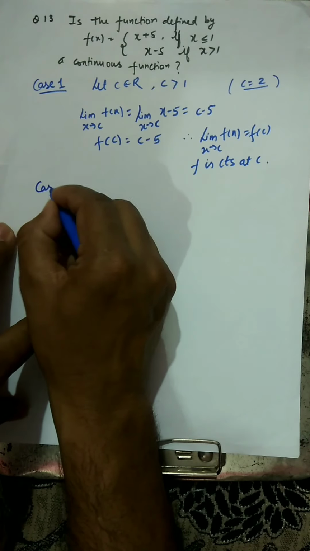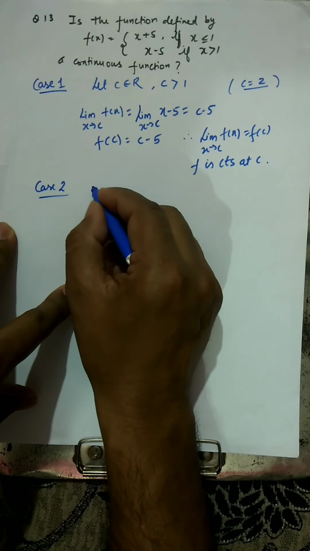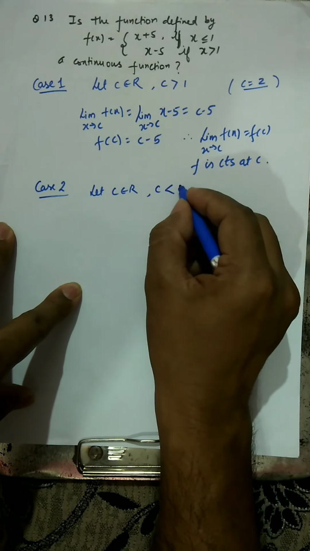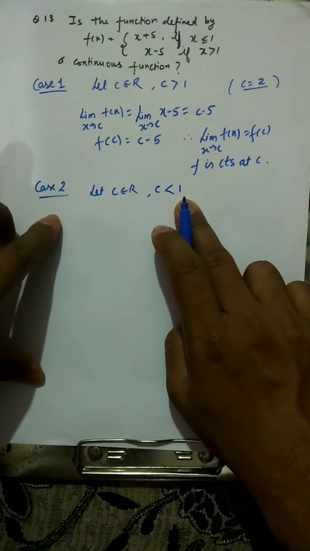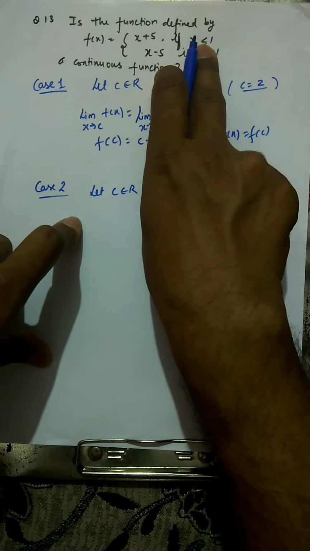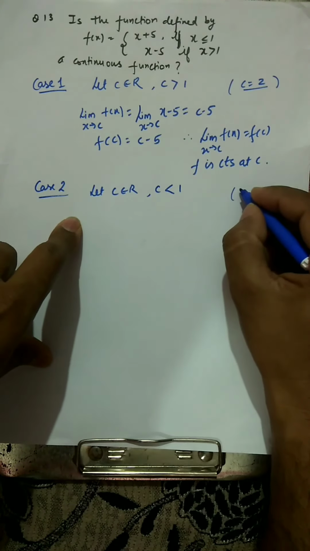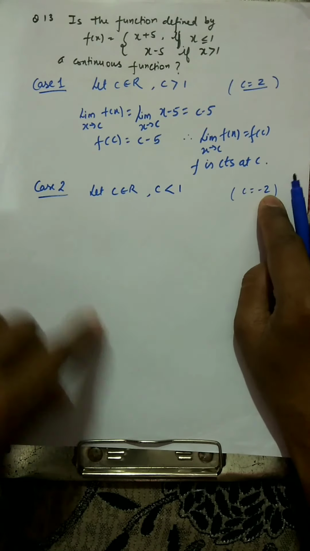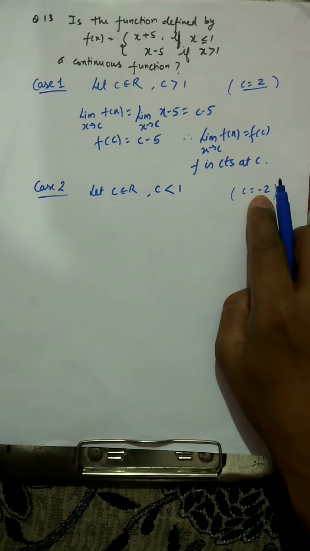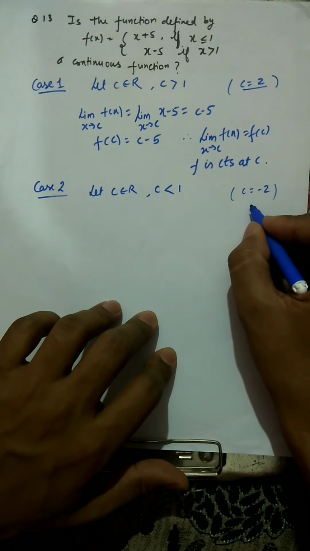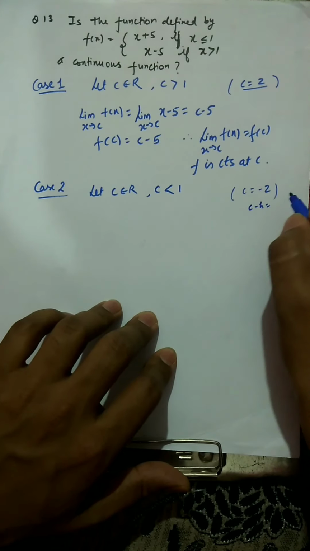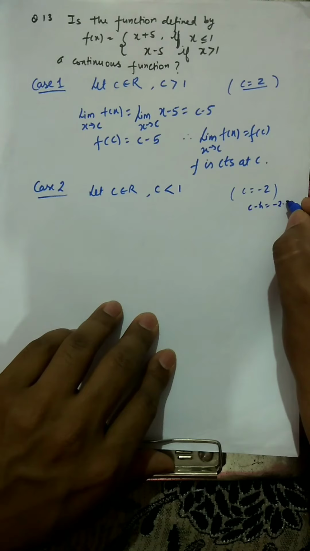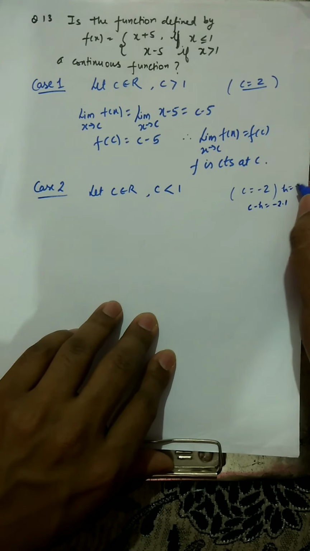Now we'll take case 2. Let c belong to R and c is less than 1. When I'm taking c less than 1, you may assume the value, let's say, c equals minus 2. And why are we not taking left hand limit and right hand limit, you can understand from this concept. If I take c minus h, if c is minus 2, it becomes minus 2 point something, let's say h equal to 0.1 for example.